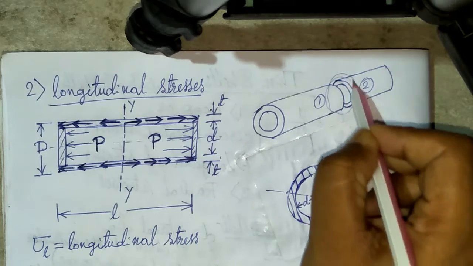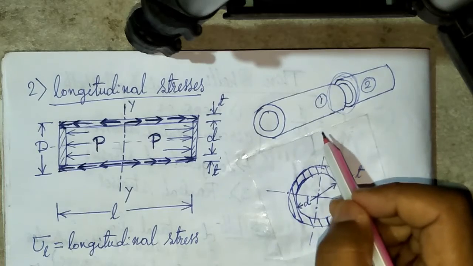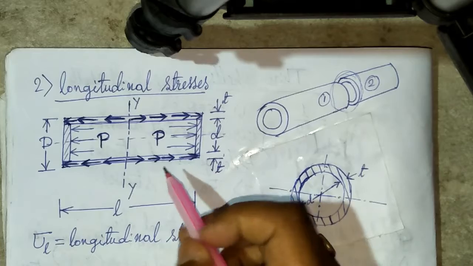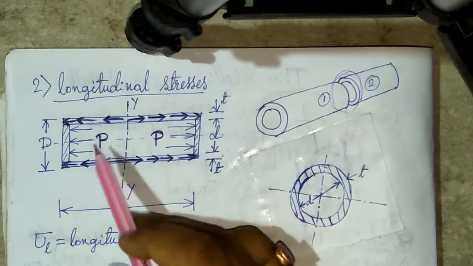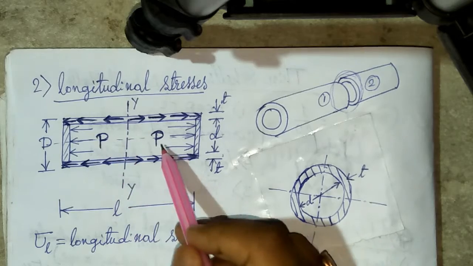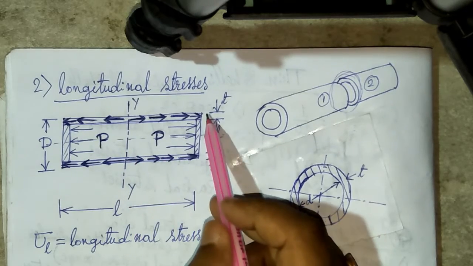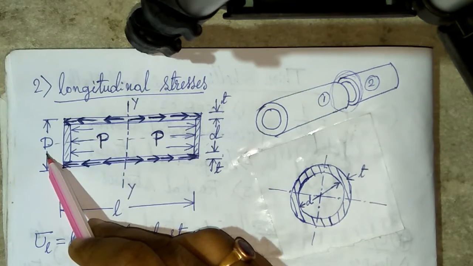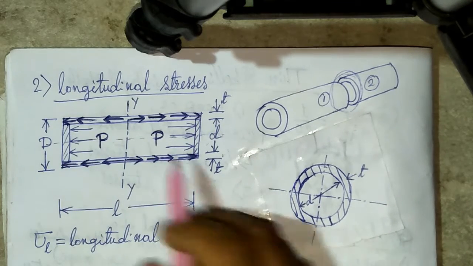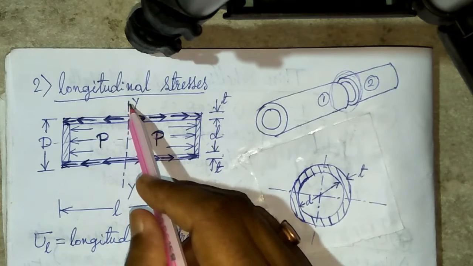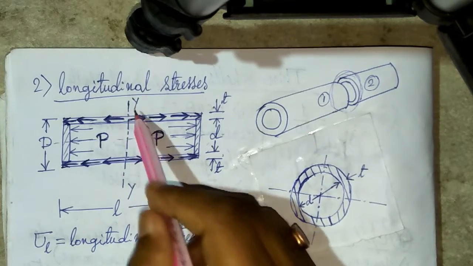This kind of failure is due to the longitudinal stresses. Here you can see in this picture a stress diagram. P is the internal pressure, small d is the internal dia, t is the thickness, and capital D is the outer dia. The failure happens in this section, the YY section.